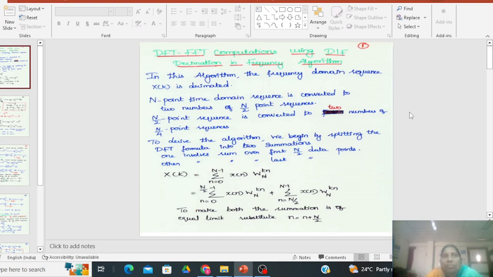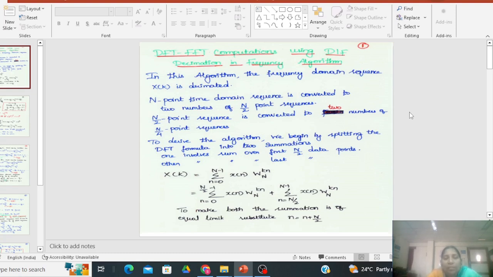In this algorithm, we convert the N point sequence into N by 2 point sequences, and then the N by 2 point sequences into N by 4 point sequences. Here, when you consider N equal to 8, 8 is converted into 2 number of 4 point sequences, and 4 is converted into 2 number of 2 point sequences. Like that it is converted.